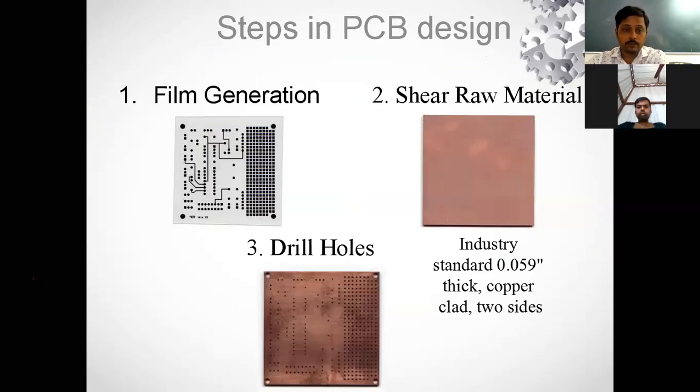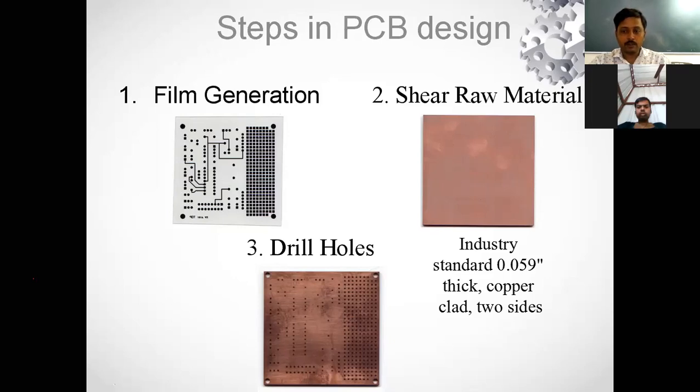Now how PCB design and manufacturing is done. The basic procedure is given here. You have to generate a film. You can generate this film on simple paper also. There are specific types of paper available in the market, or you can just print it on your regular printing paper. But you must have the design created before that.